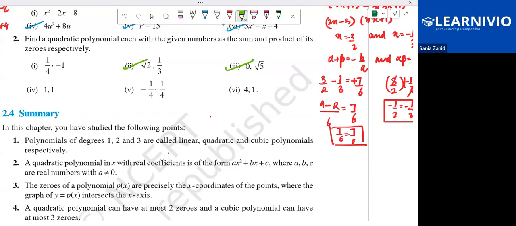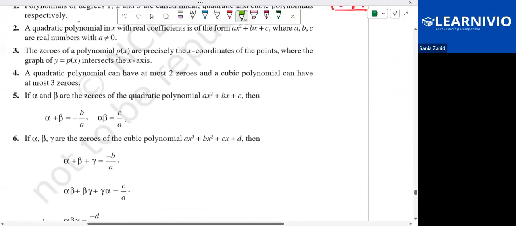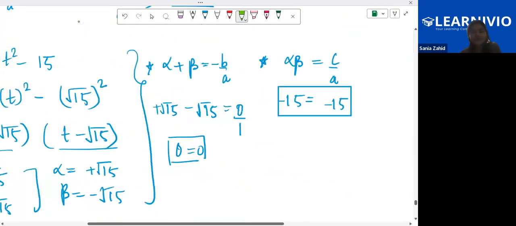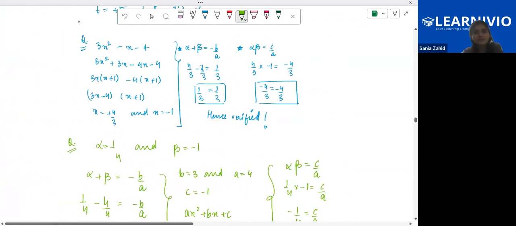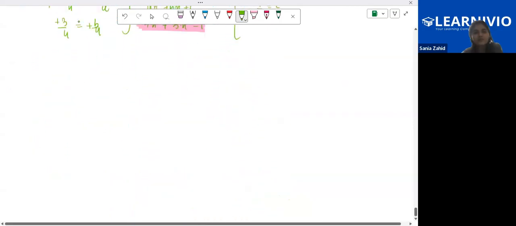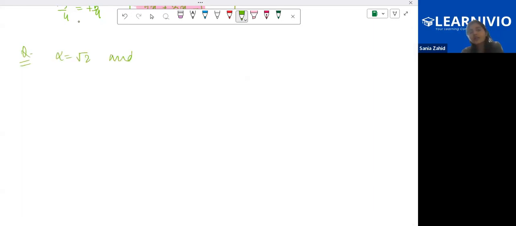Yes, Umair. You've done? Okay. So first we have root 2 and 1 by 3. So here alpha is root 2 and beta is 1 by 3.